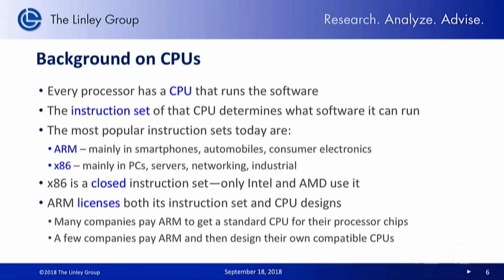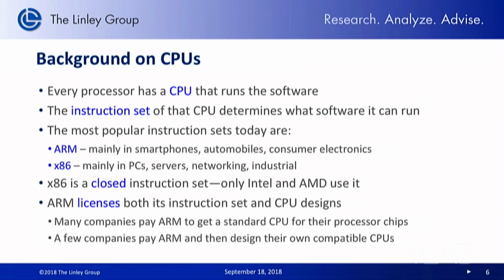The x86 architecture is basically a closed architecture, in the sense that only Intel and AMD can produce processors using it. ARM, on the other hand, is a little different in that ARM licenses its instruction set and its CPUs to other companies who can then use them to build their own chips. So the ecosystem works a little differently.